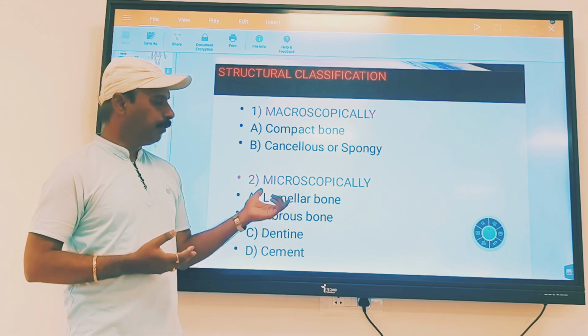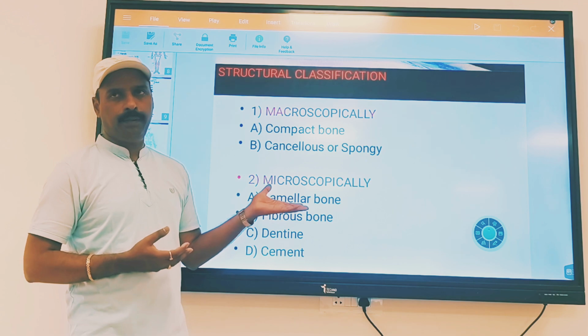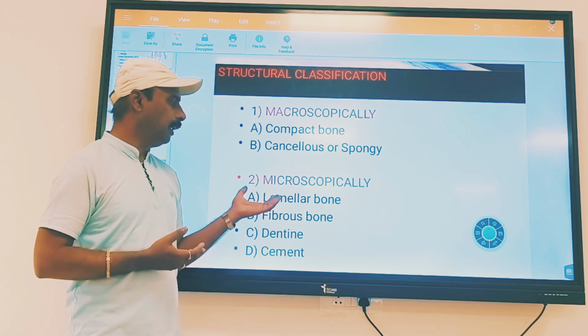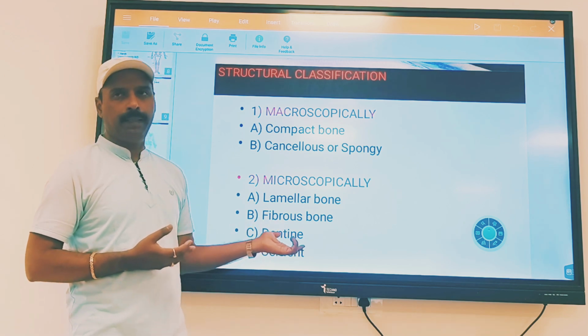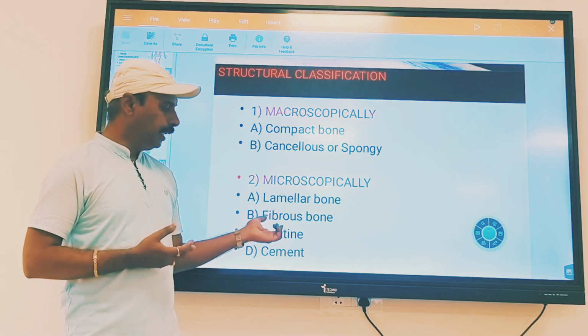Next, microscopic: under the microscope we can see lamellar bone, fibrous bone, dentin and cement. Dentin and cement are parts found in the teeth.